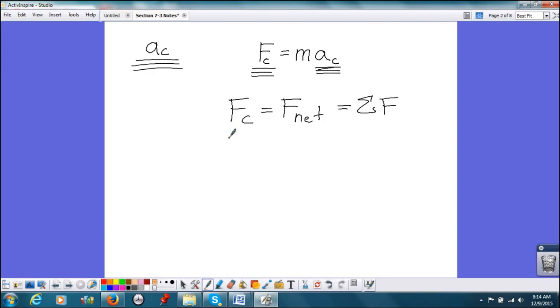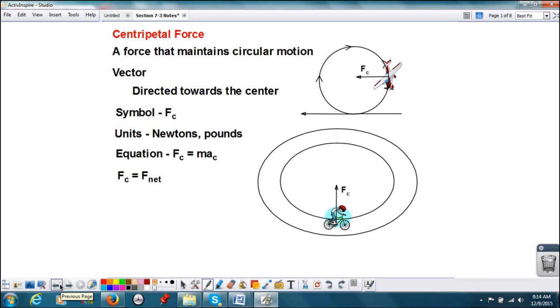Let's go ahead and talk a little bit more about what this means. Okay, just to recap, centripetal force is a force that maintains circular motion, okay? It's got a centripetal acceleration because it's changing its direction, caused by a centripetal force. It is a vector. It has a magnitude and a direction.